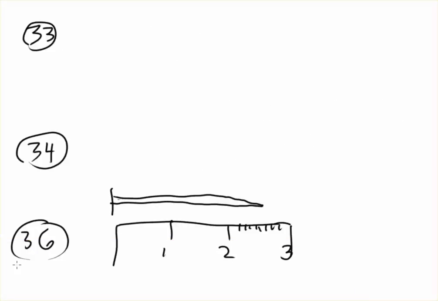The first three that I looked at were number 33. Number 33 asked you if you were to measure the width of this page, you would not be able to measure, there would always be some uncertainty. Why is that? Well, the last digit is always an estimated digit.